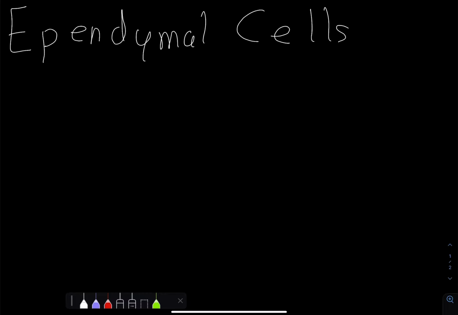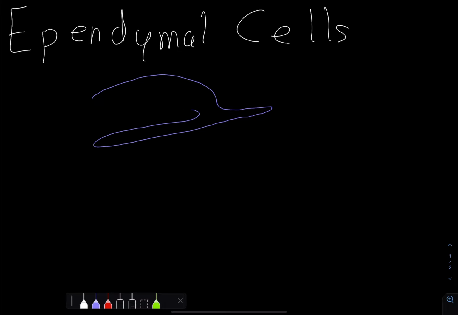So the ventricles are, it's hard to draw them, but I'll try my best. These are large structures in the brain, and they're actually really not structures. I guess they are mostly empty space. I shouldn't say empty space. They are actually a fluid-filled space in the brain.